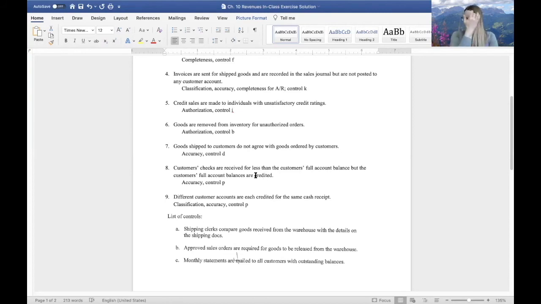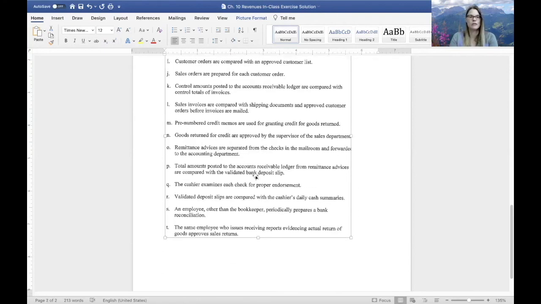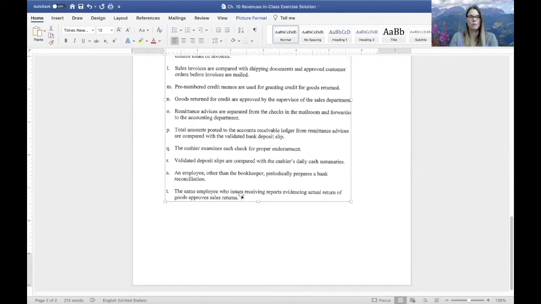Okay, so my example wrong answer here is Control T, which is the same employee who issues receiving reports evidencing actual return of goods approves the sales returns. So Control T is dealing with things being returned, like a customer bought something and then sent it back.